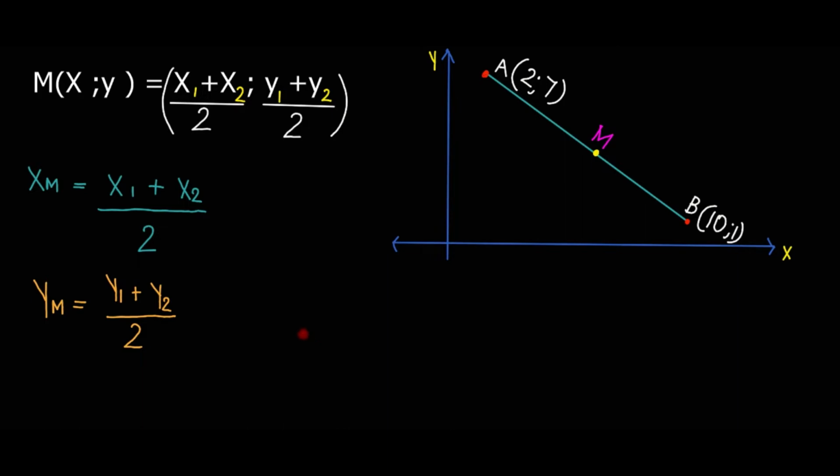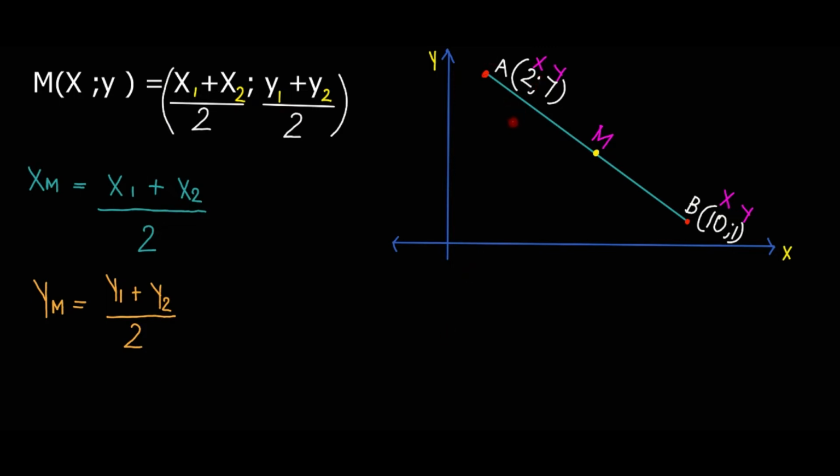Because we know that coordinates go in terms of x and y. For example, here we have (2, 7), this means this one is x, this one is y, the same as this one, x and y. But because we have 2 points, we can name our coordinates.